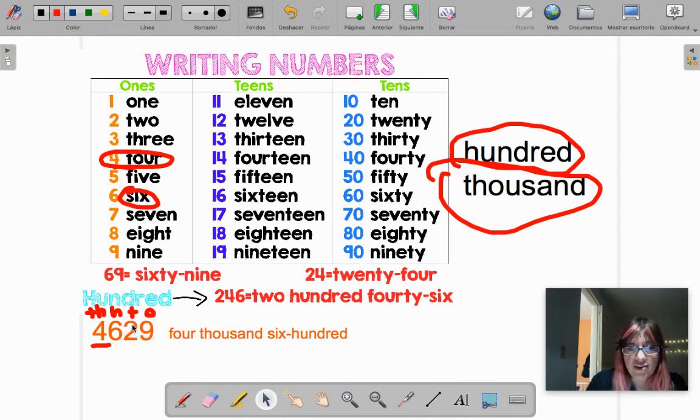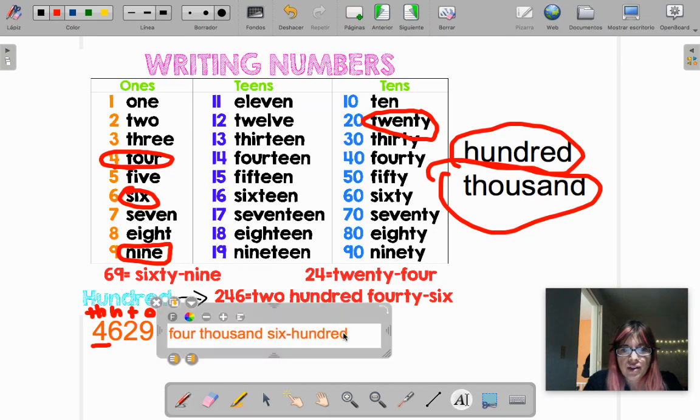Do you remember here in this place for the 2, we say twenty and nine. So I go and look for the word twenty here. It's okay if you say the T. Twenty, and then the last one is 9, so I copy from here. So let's add it to our number. Four thousand six hundred twenty nine.